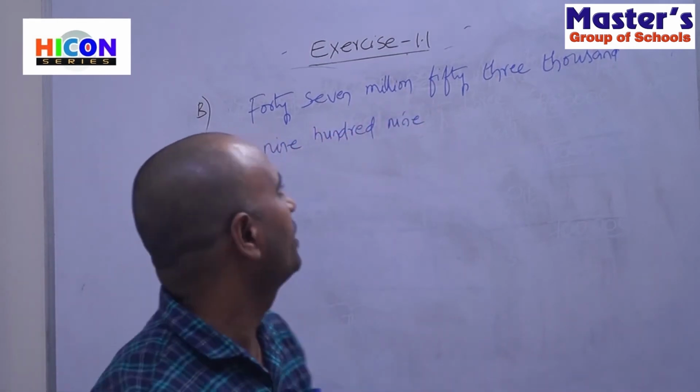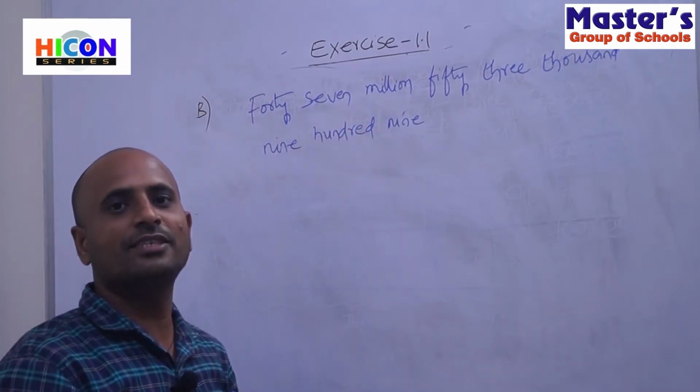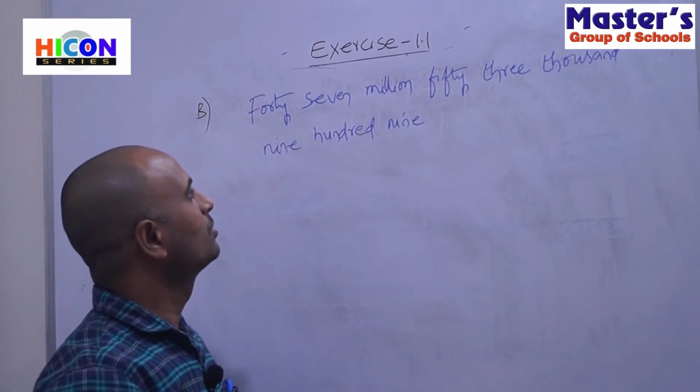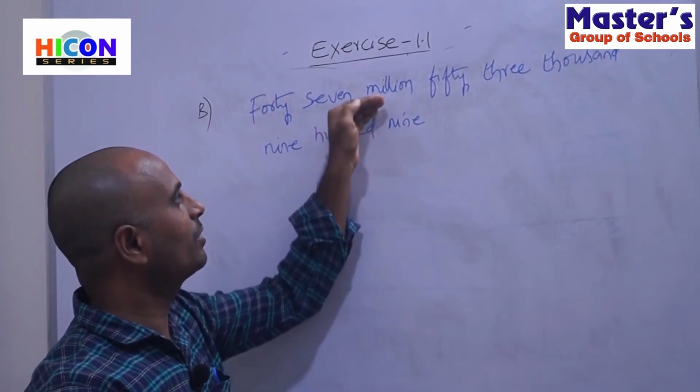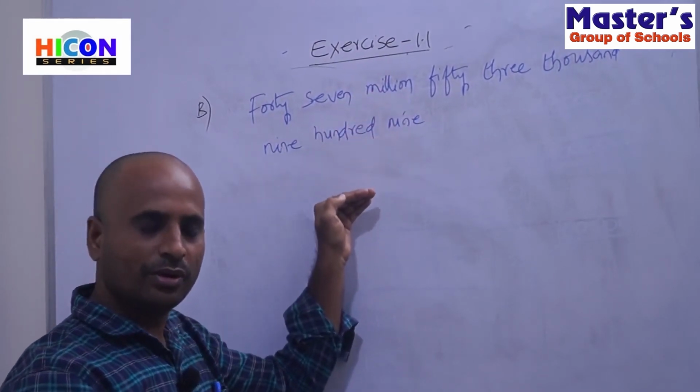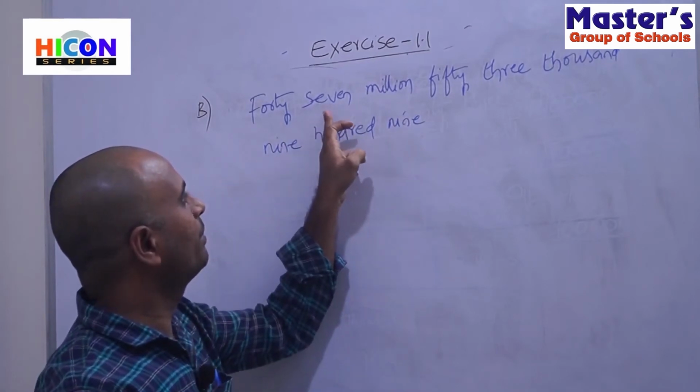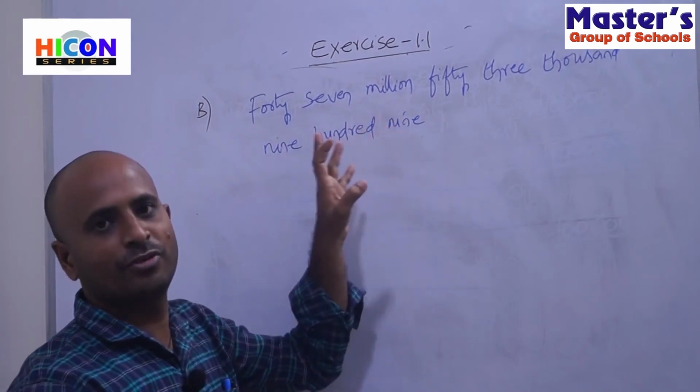So this is the number name present in international system of numeration. We have to convert this number name into figures, that is, into number. The given number name is in international system of numeration.